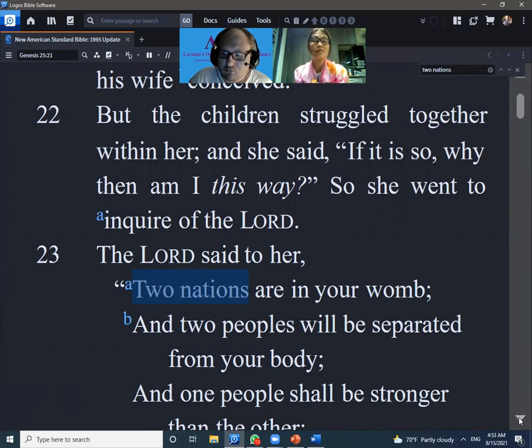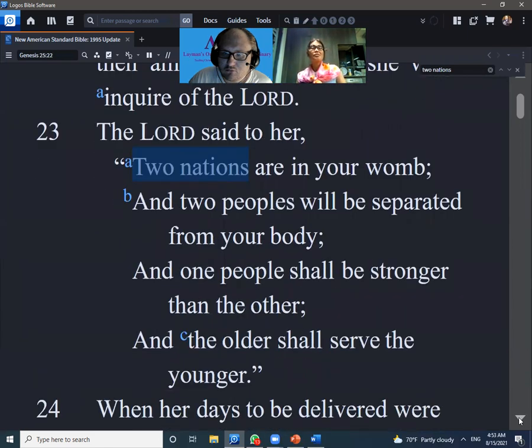So she went to inquire of the Lord. The Lord said to her, Two nations are in your womb, and two peoples will be separated from your body; one people shall be stronger than the other, and the older shall serve the younger.